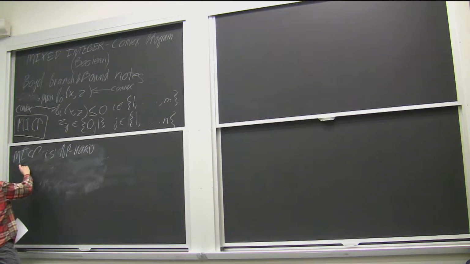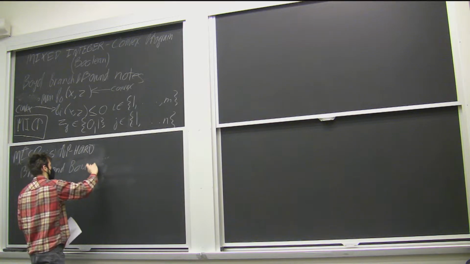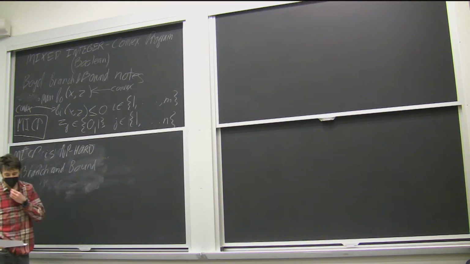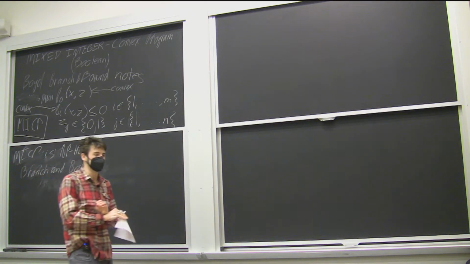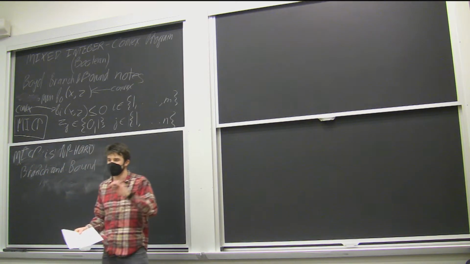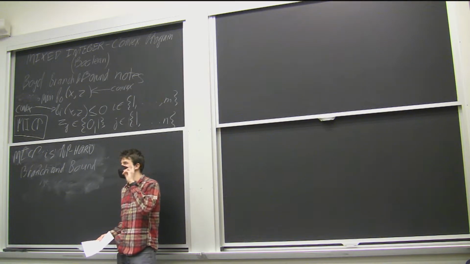So the algorithm that we're going to talk about today is branch and bound. There are more advanced versions of this algorithm. Mixed integer programming is extremely, extremely well studied. But I want to walk through this algorithm because it's important in 2 ways.